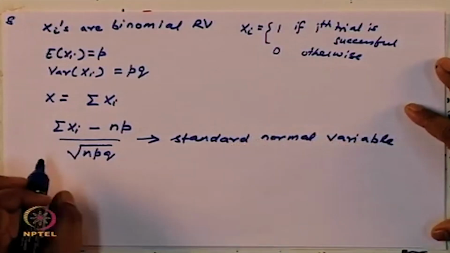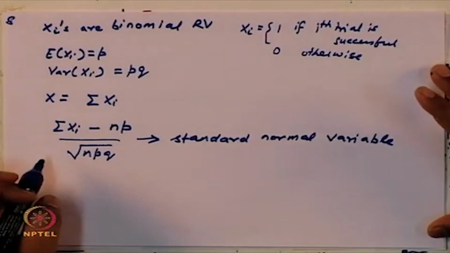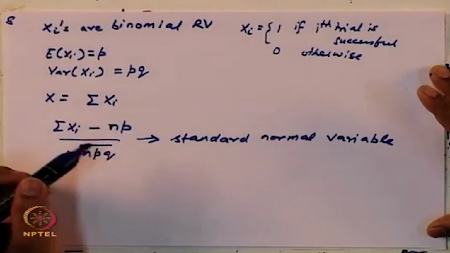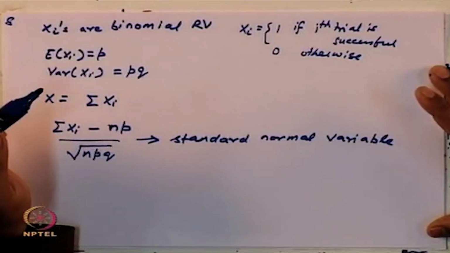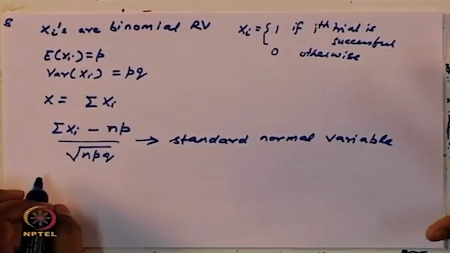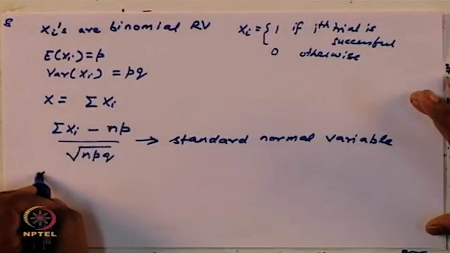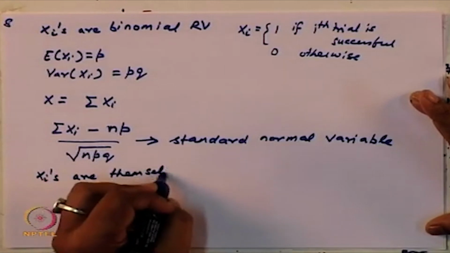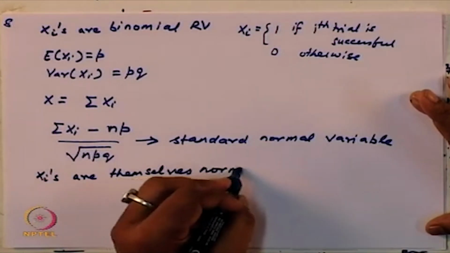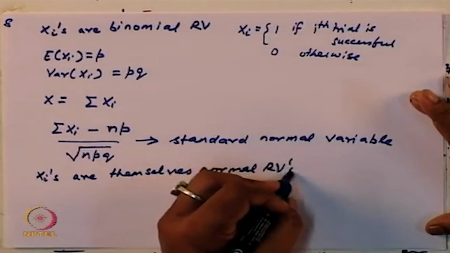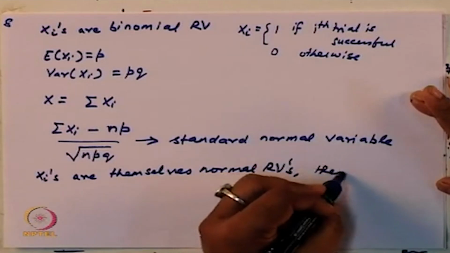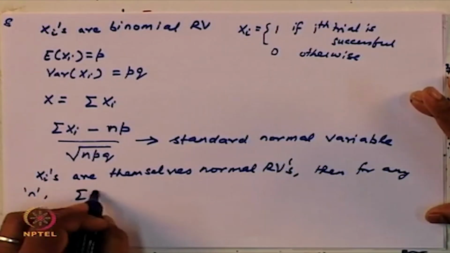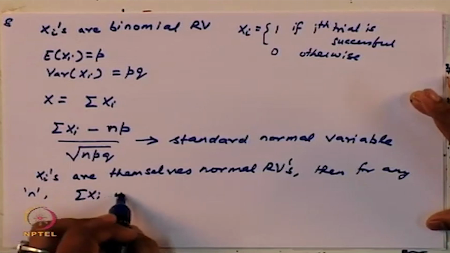One thing is there is a requirement on the value of n depending on what distribution these x's follow. Generally, if xi's are themselves normal random variables, then for any n, summation xi is going to be normal.